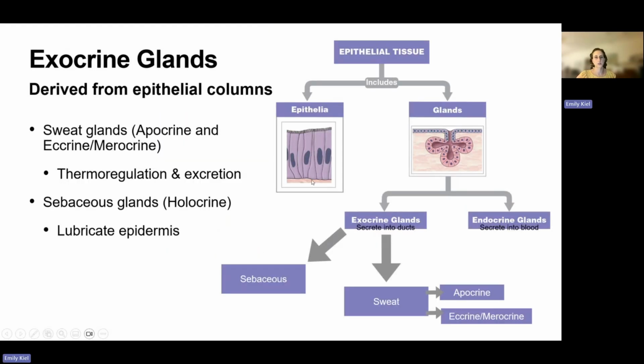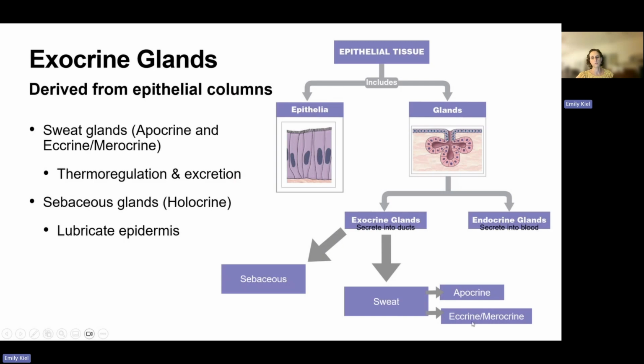So we're going to talk about exocrine glands. These glands are derived from epithelial columns. So glands are part of our epithelial tissue. We've got endocrine glands that are going to secrete into the blood. We'll talk about those later, but exocrine glands are going to secrete into ducts, and we've got our sweat glands.